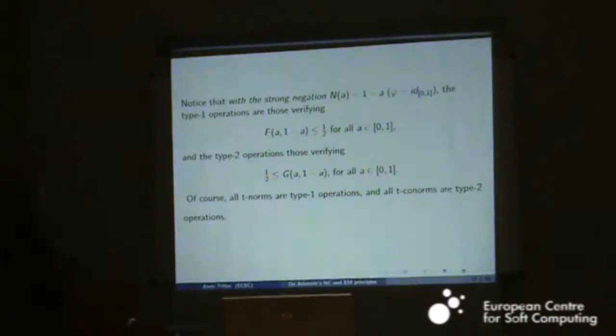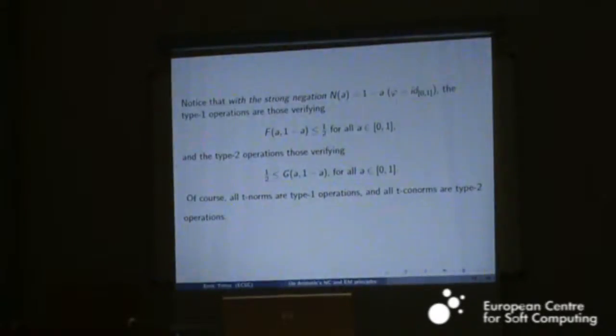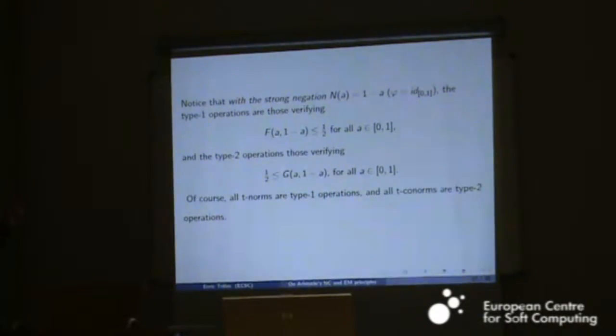In the particular case, it is very frequent to take the classical 1 minus x negation, 1 minus identity. The type 1 operations are those that are bounded by 1/2, and the others are bounded by 1/2 below. Then, in that case, it is 0.5, the element that separates type 1 from type 2 operations.